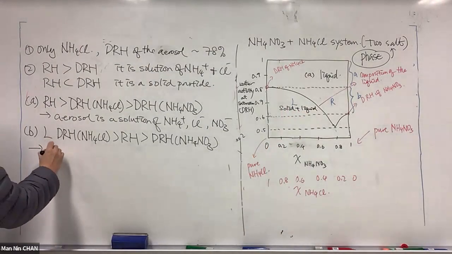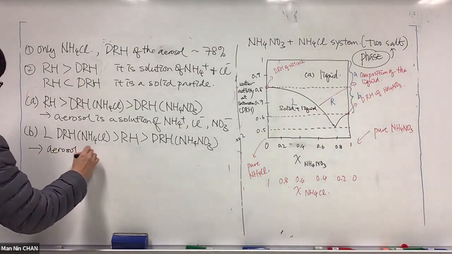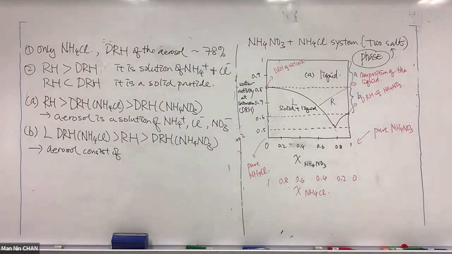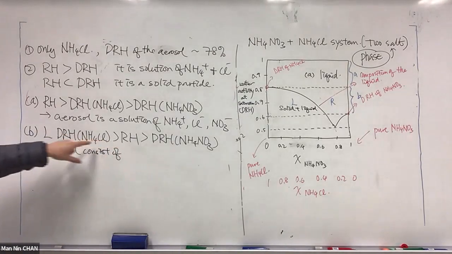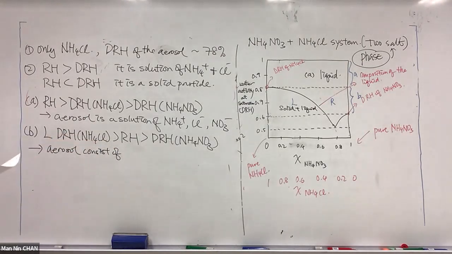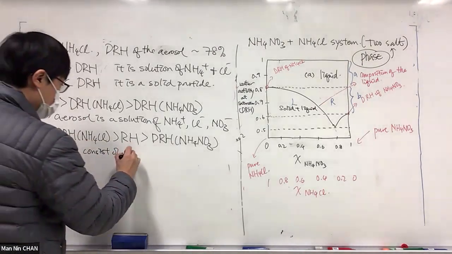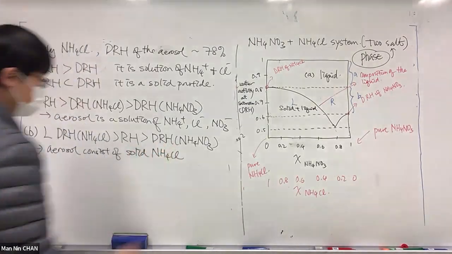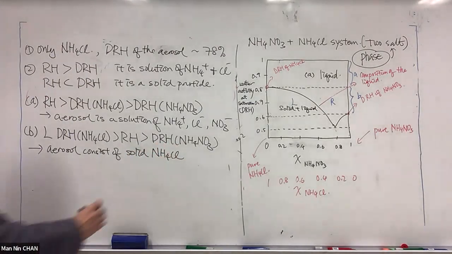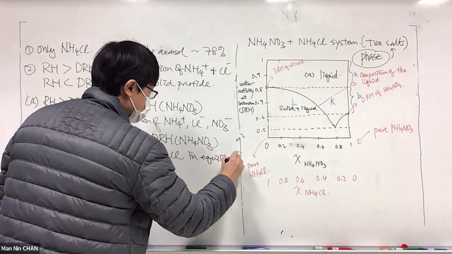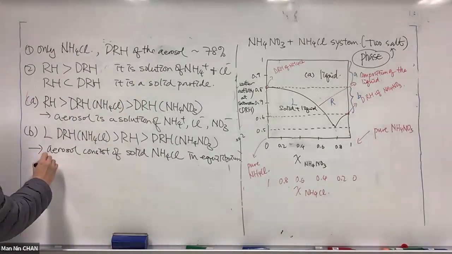Because now the RH is below the DRH of my ammonium chloride, your aerosol will consist of some solid ammonium chloride in equilibrium with a solution.